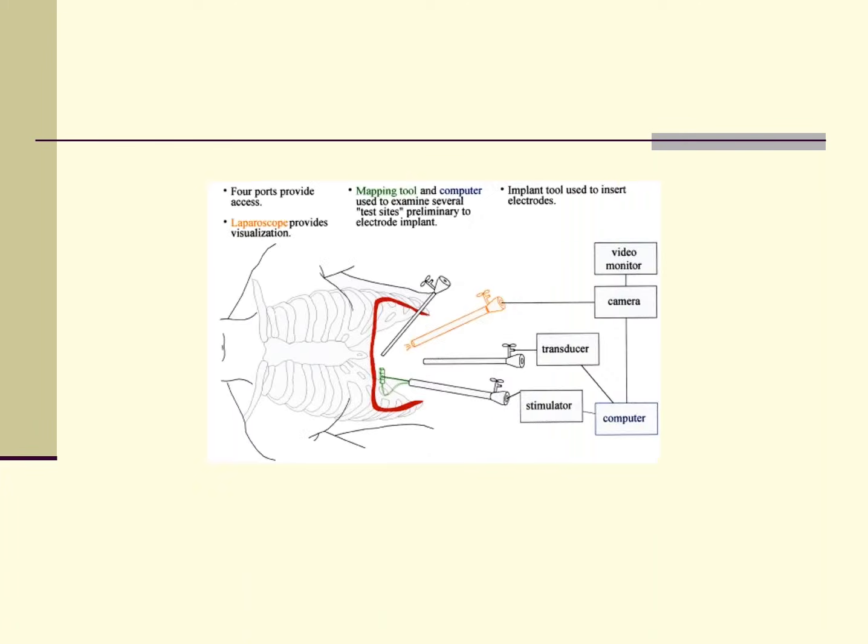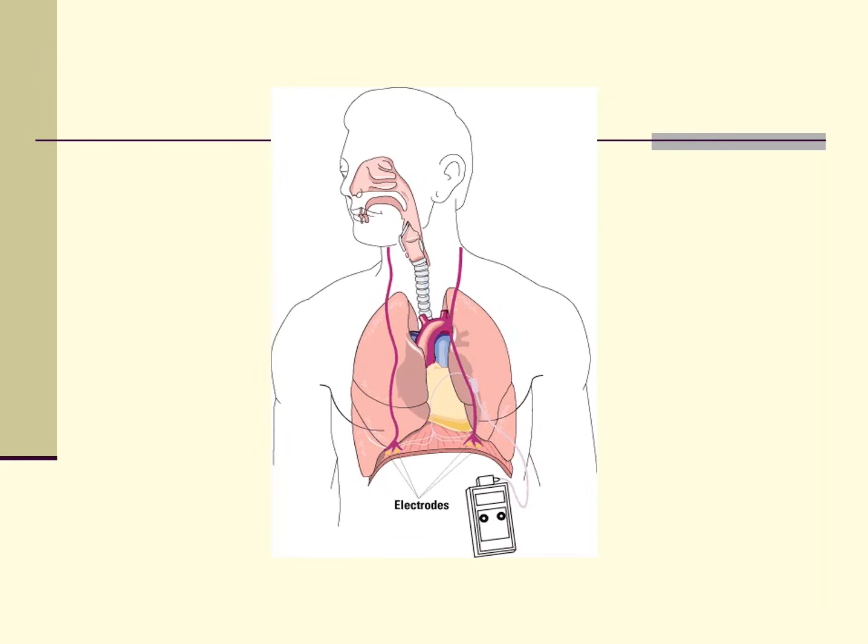The procedure is a complex procedure, but done with experience, it becomes a pretty simple procedure. We make 3 small incisions, and it's done laparoscopically through the abdominal cavity, where we look up at the diaphragm, and we implant the wires that will be connected to the diaphragm pacemaker. So the wires are the electrodes, and we connect them from the bottom side of the diaphragm.